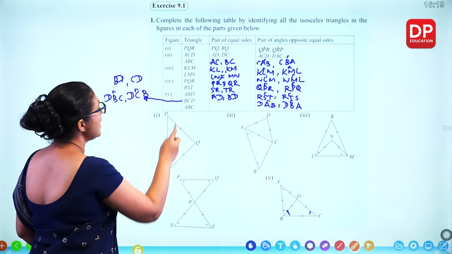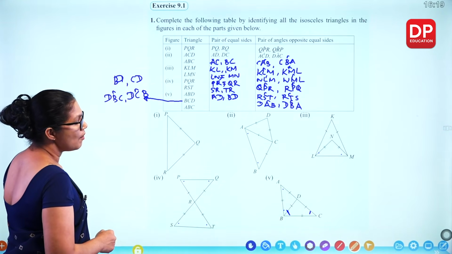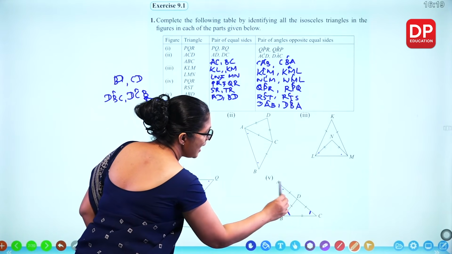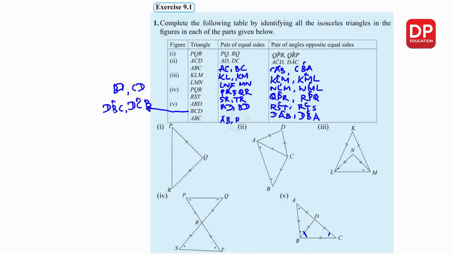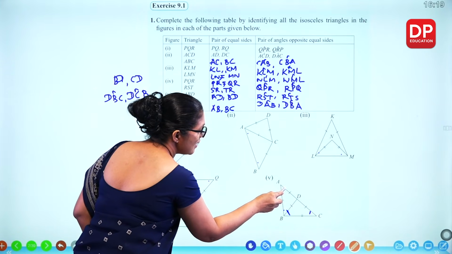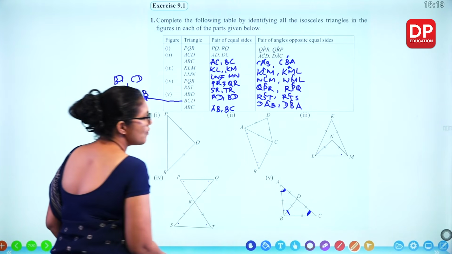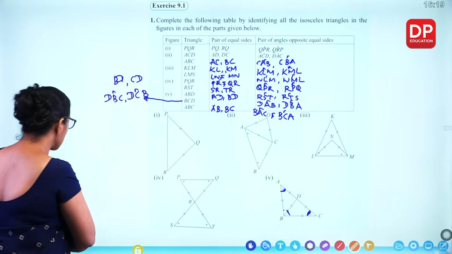Now we'll take the next one, ABC triangle. That's the larger one. So here, what are the sides equal? We can see AB and BC. So I'll write here this one, AB and BC sides are equal. What are the angles equal in ABC triangle? This one and this one. So we can say BAC angle is equal to BCA angle.